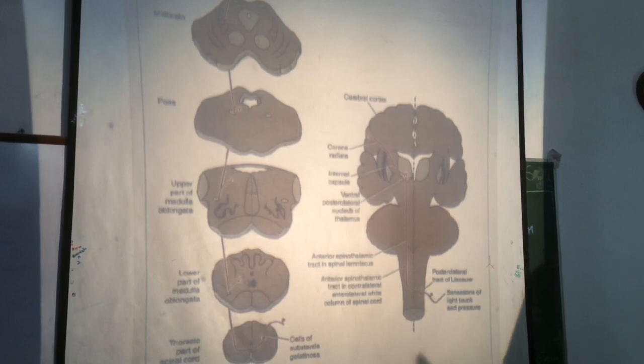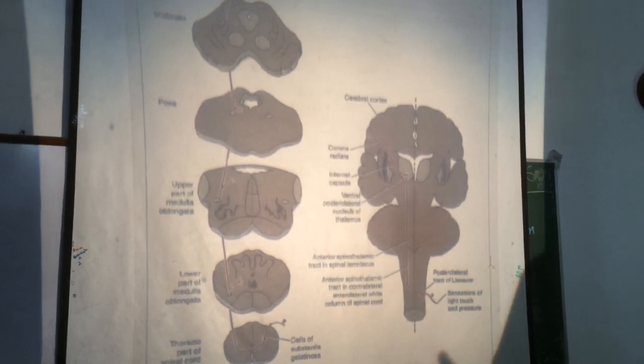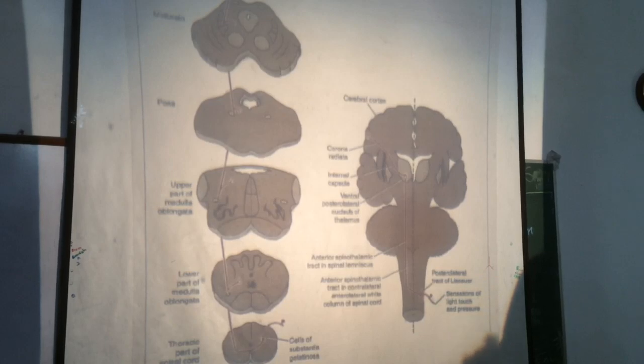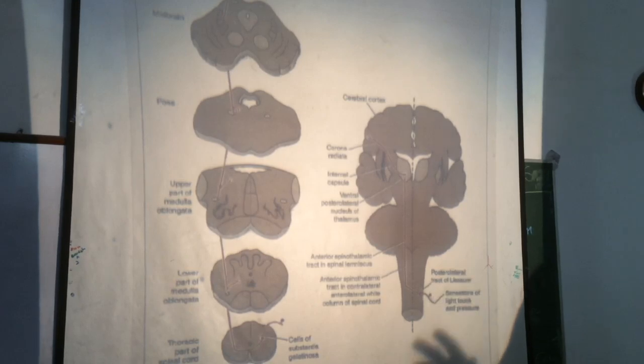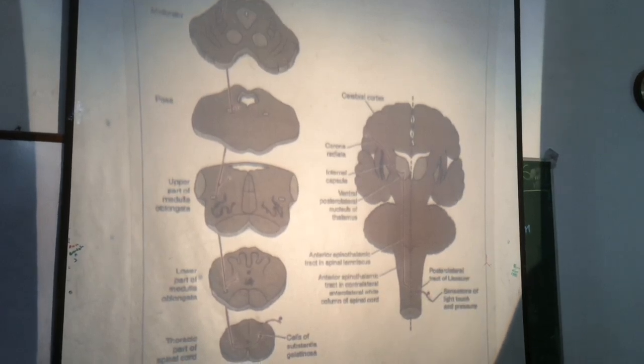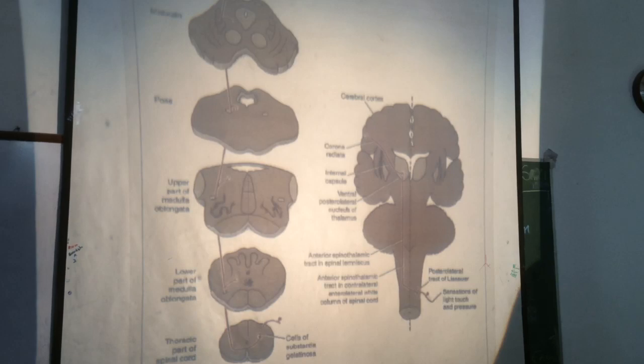First order nerve fibers carrying these impulses of pain and temperature enter the spinal cord through the posterior nerve root.